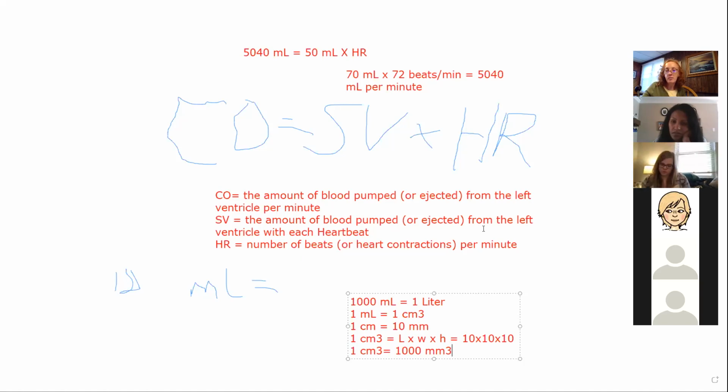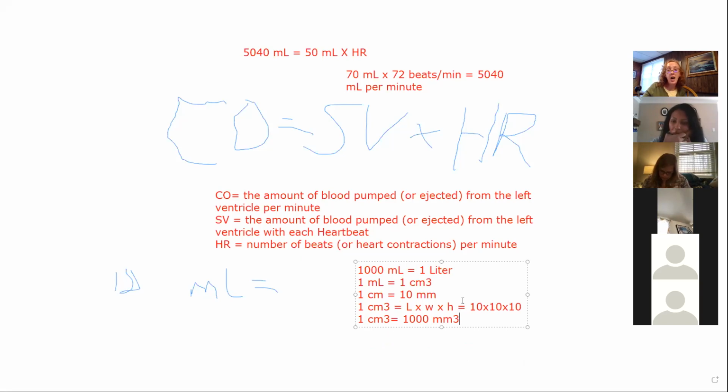So now, if we know that 1 centimeter cubed equals 1 milliliter, and I'm doing this because of the numbers they gave us and how to compare the numbers, okay? I'm not expecting you to do this on an exam. I'm just showing you how to do it.